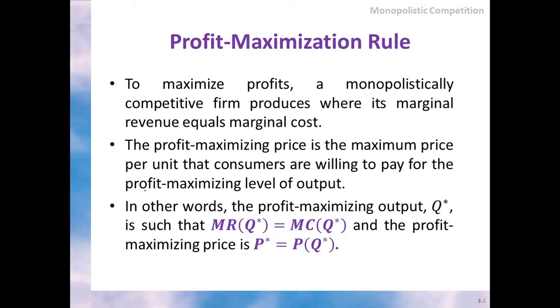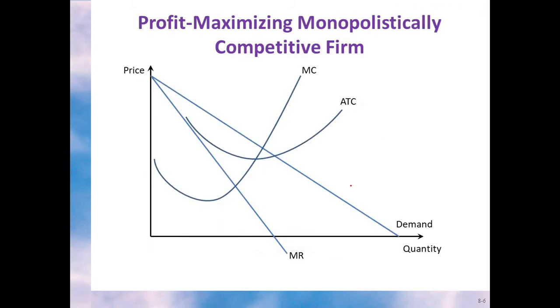When we talk about the profit maximization rule for monopolistic competition, it is the same as monopoly, in which the rule is MR equal to MC, and then the profit maximizing price is P, for which we need to know the value of Q. The profit maximizing monopolistic competitive firm is the same as monopoly: the demand curve is downward sloping, and we also have the MR curve.